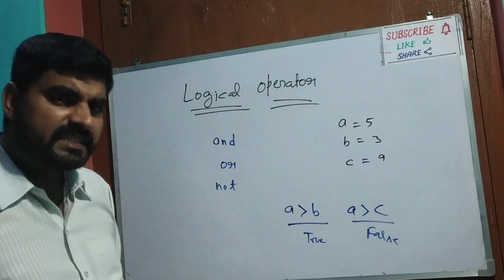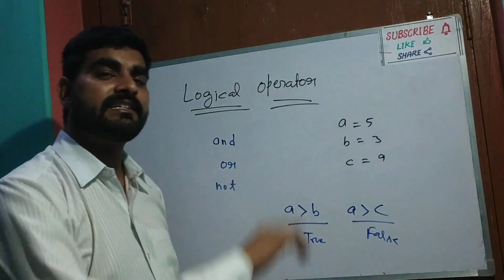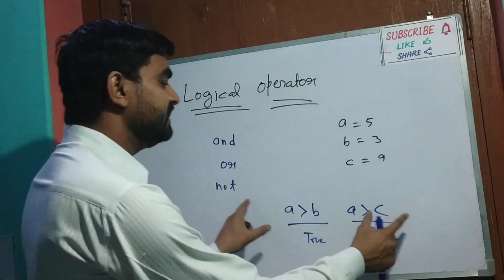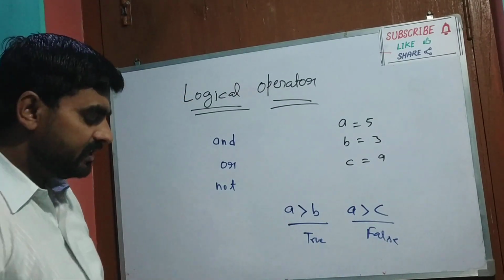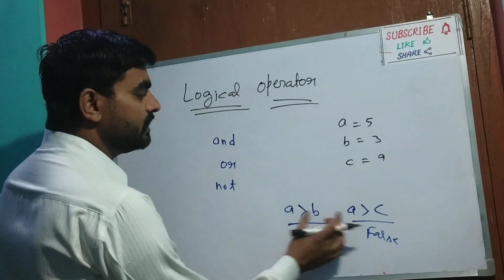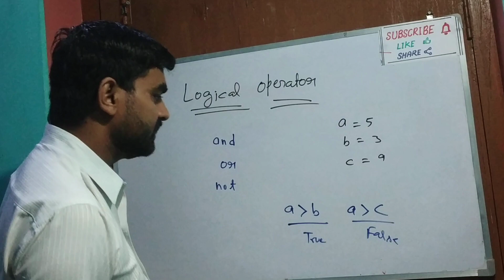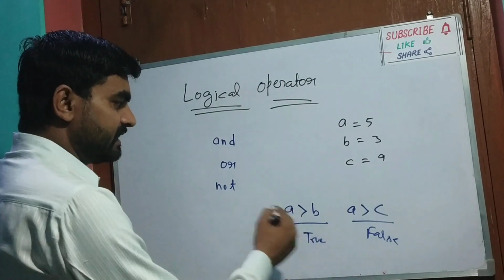Sometimes you need to ask this question in a single statement. How will you combine these two conditions together? So student, here and, or, and not are used to combine these two conditions together.